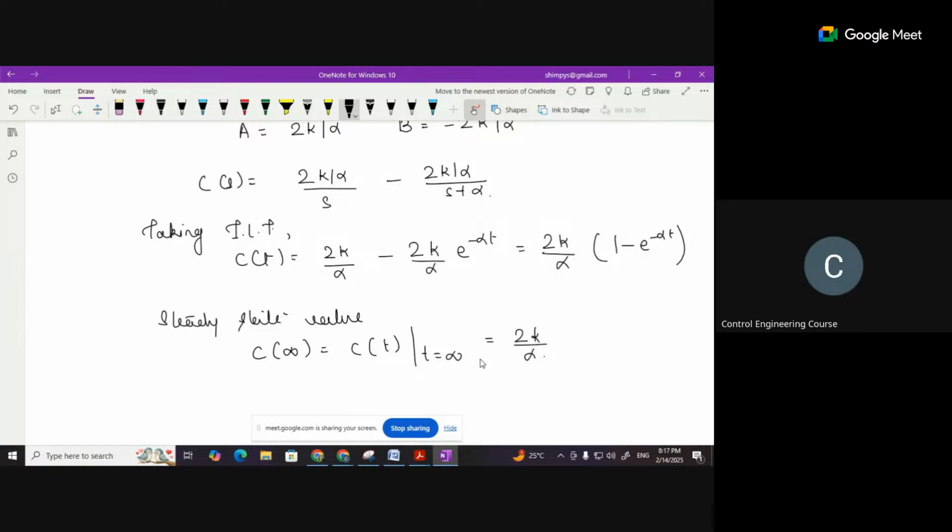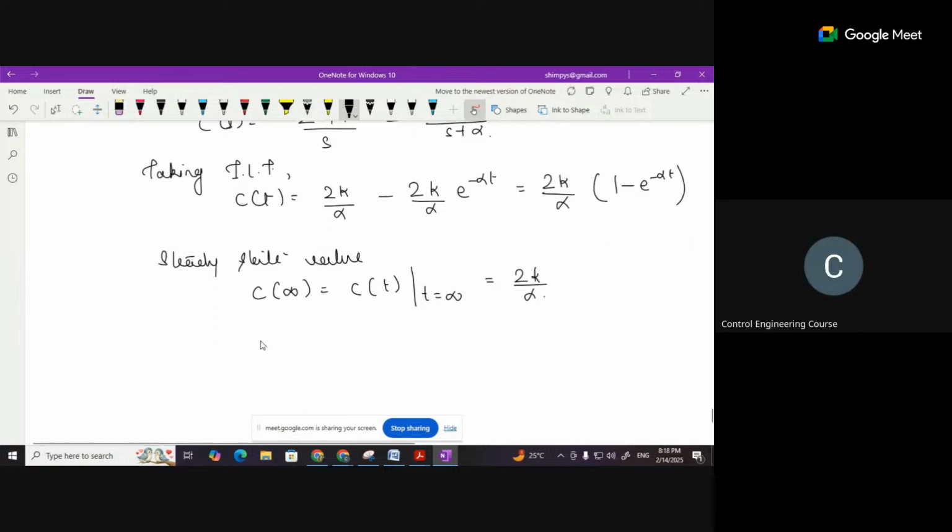Now what I have to do is find out the slope, that is c dot(t).